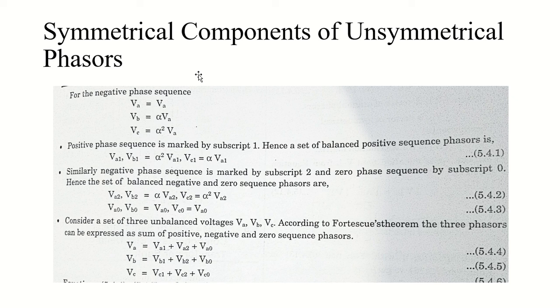You can represent all three phasors in terms of VA. VA will be VA itself, VB will be alpha square into VA.